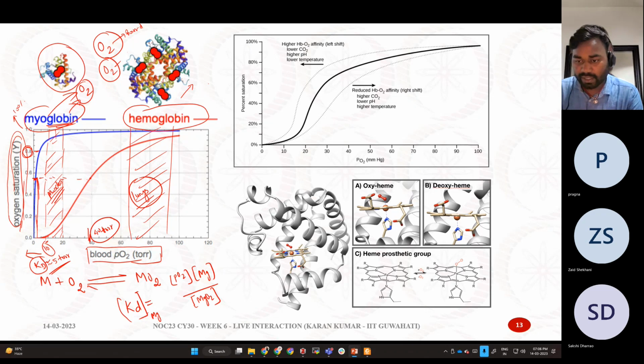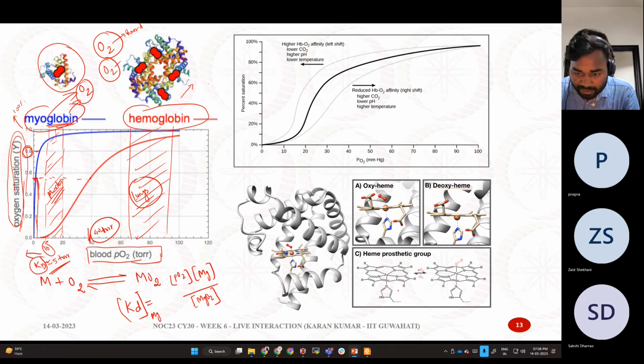So here it is given the oxyheme and the deoxyheme. These are the heme prosthetic groups. This is the heme porphyrin ring. In this porphyrin ring, there are four rings, and these four nitrogens are coordinated with the ferrous Fe2+ ion, right?